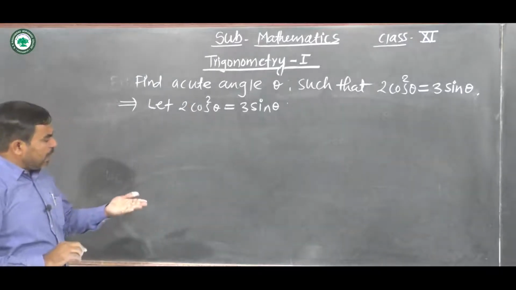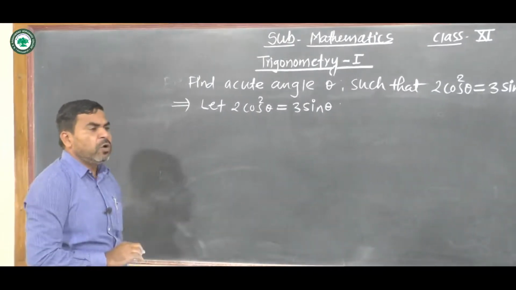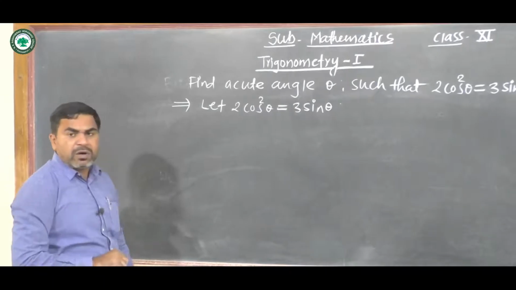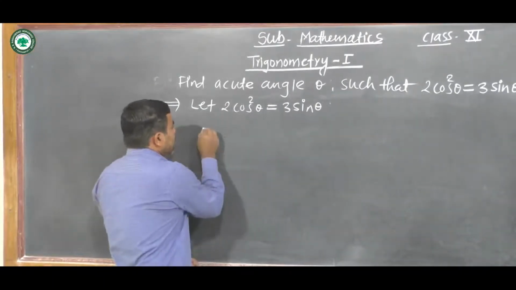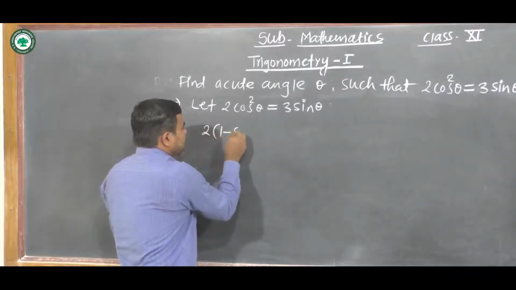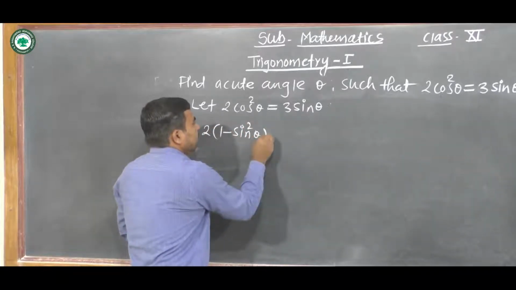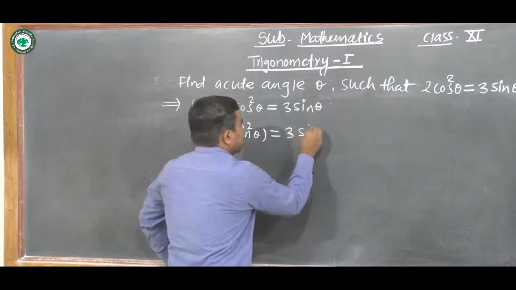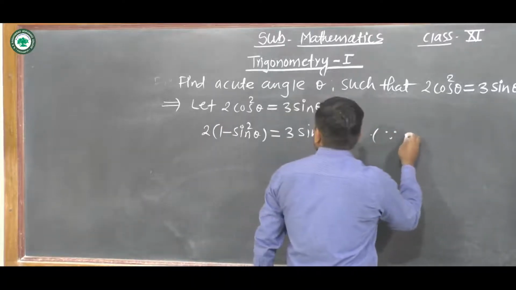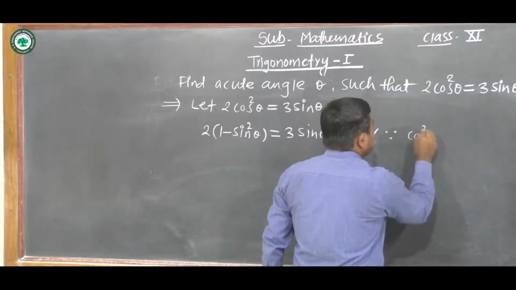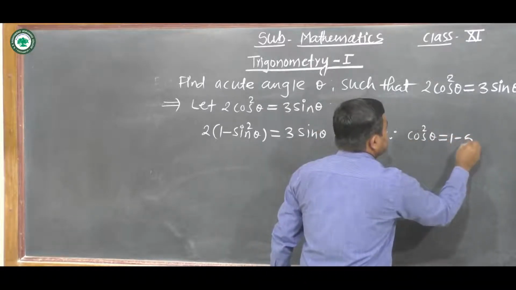Now we have the fundamental identity: sin square theta is equal to 1 minus cos square theta, or cos square theta is equal to 1 minus sin square theta. So here 2 into (1 minus sin square theta) is equal to 3 into sin theta, since cos square theta is equal to 1 minus sin square theta.